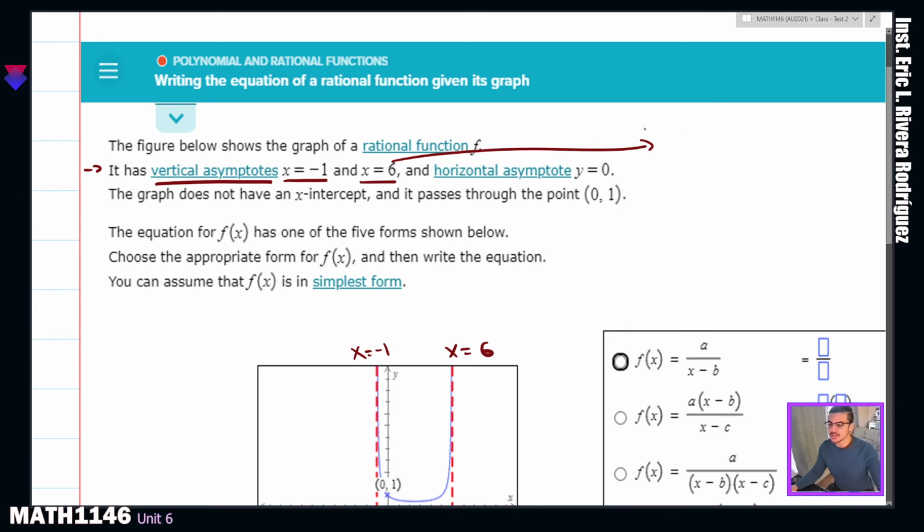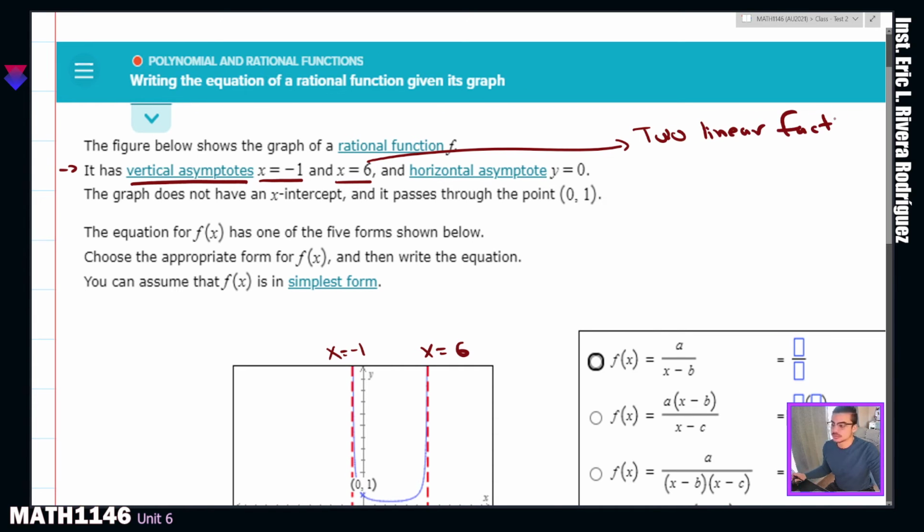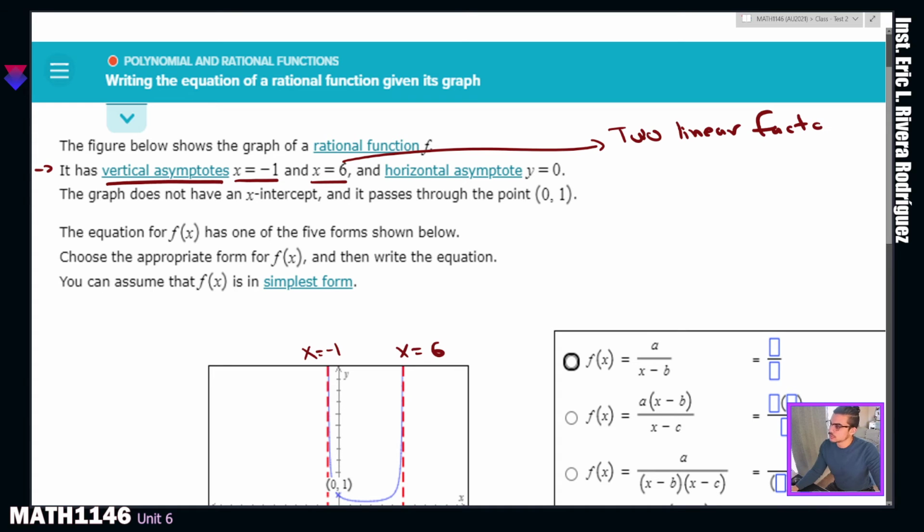From the vertical asymptotes, we can get that there are 2 linear factors in the denominator.